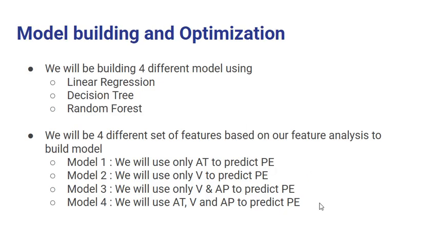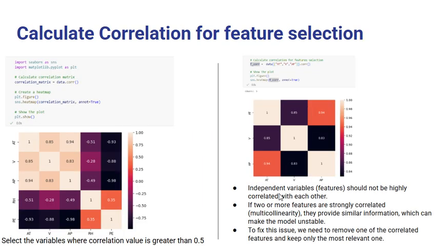That's why you can see here in model 3 I have selected V and AP to predict the value of PE, and I have not considered AP and AT. As you can see, AP and AT and V and AT, they are highly correlated, so I've excluded that.